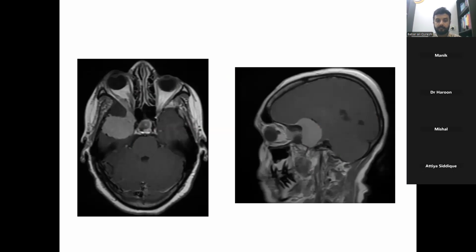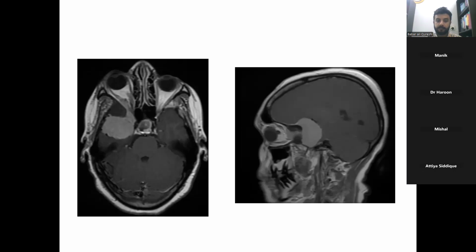On the right side, we have an MRI brain, T1 weighted image with contrast, axial cut. It's showing a homogeneously enhancing lesion, which is well circumscribed and arising from the base of the skull, causing compression on the temporal lobe, and also extending across the optic canal.